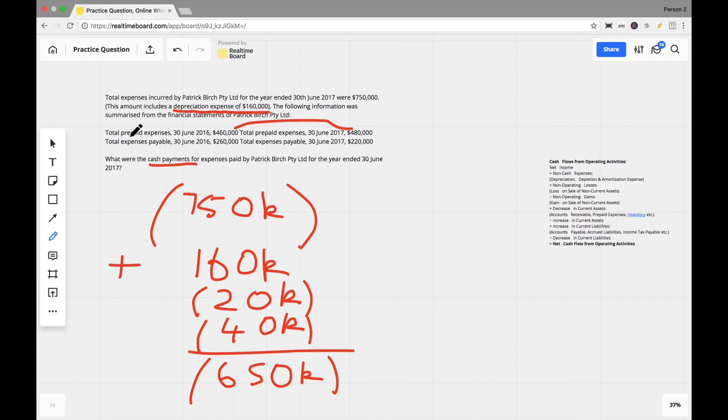When we use up some of the prepaid asset, that goes into expense, and when we pay the expenses payable, say an employee expense, that also goes into the expenses. That is why you use those two separate accounts in combination to work out the total cash payments, not just one particular account.